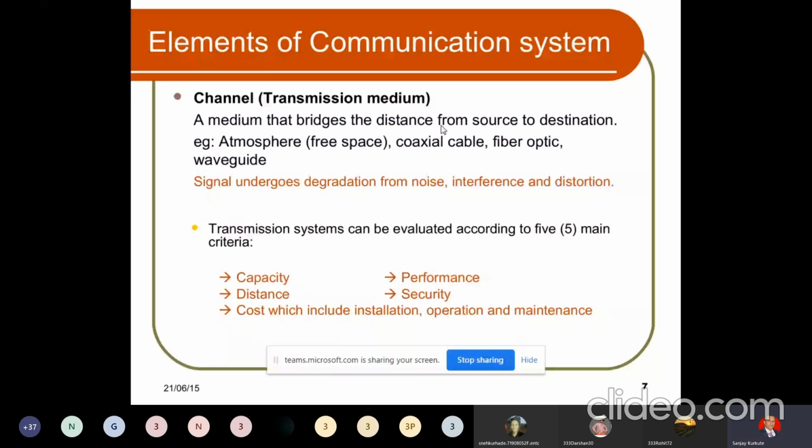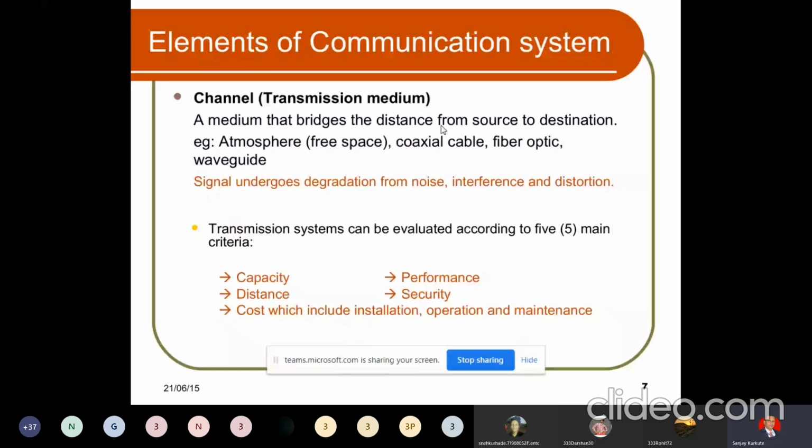So we have to take care whether the signal is affected by noise, interference or any other type of distortion. We have to take care of that while designing the system. That means the channel, correct?